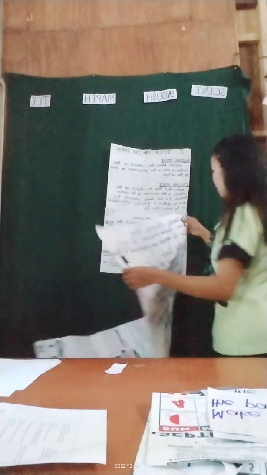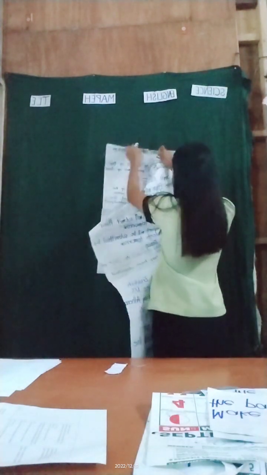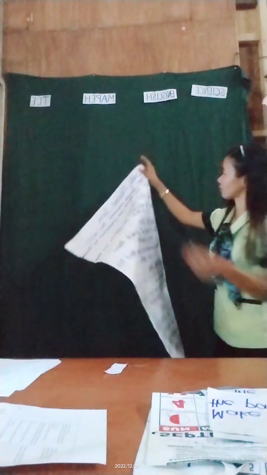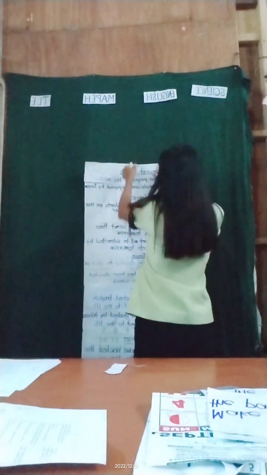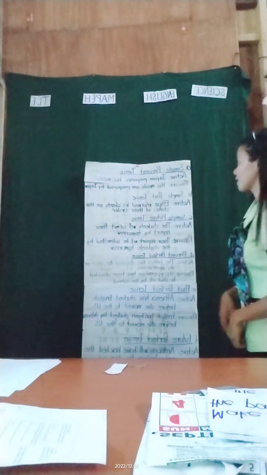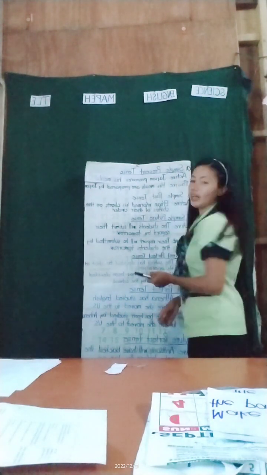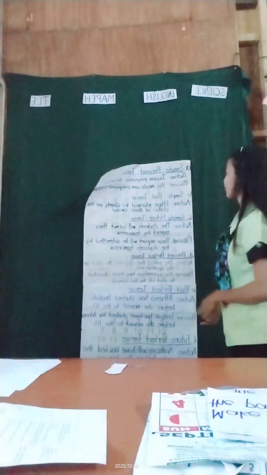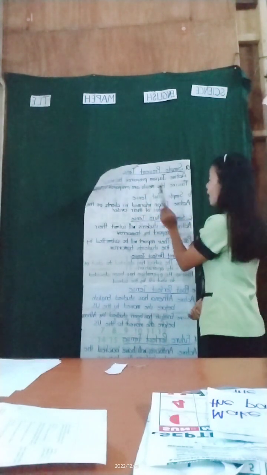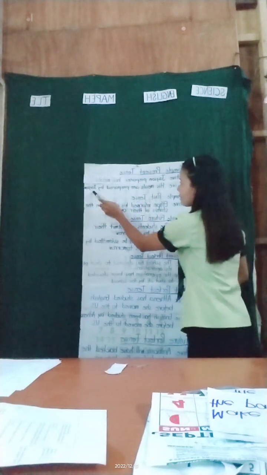We have simple present tense. A, simple present tense active example: Jason prepares his meals. In the passive voice, his meals are prepared by Jason.